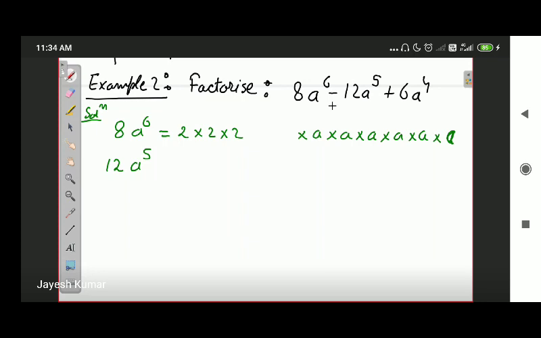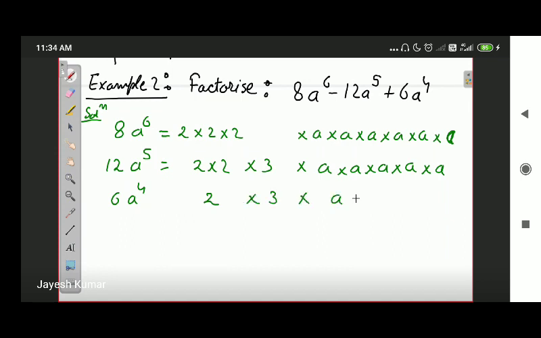We are not bothered with the negative sign. We will consider the negative sign when we are taking common or when we are writing the final expression. 12 is 2 into 2, that is 4, into 3, that becomes 12. And a to the power 5 is 5 a's. Next is 6a to the power 4. 6 is 2 into 3, into 4 times a.